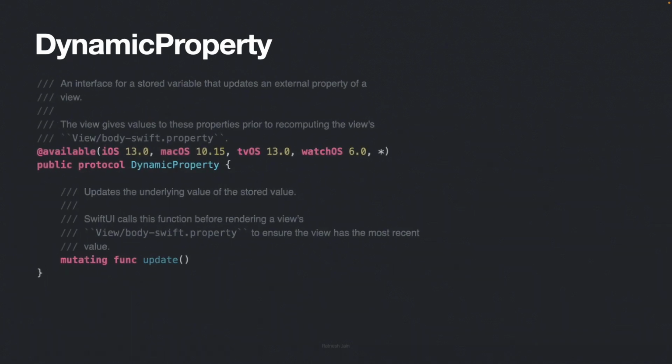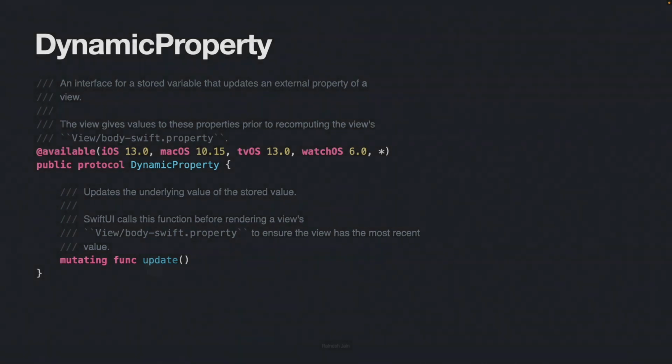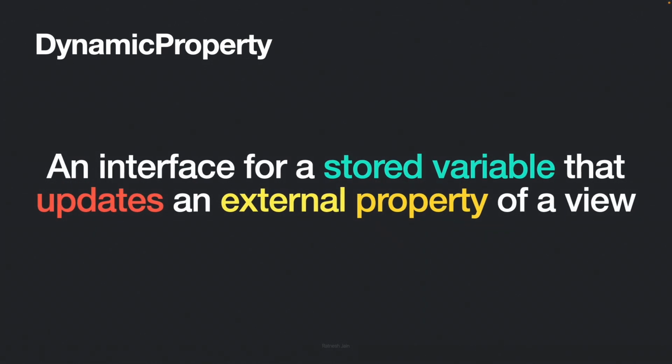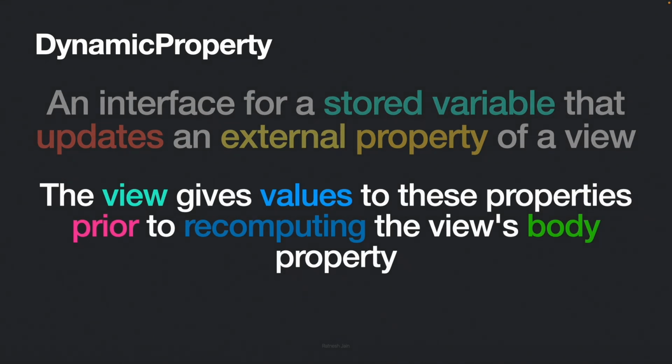If we look at the definition of DynamicProperty, we will see that it only has one function, a mutating function update. But if we look into the documentation comments, it says the interface for a stored property that updates an external property of a view. External property. Another one is that the view gives values to those properties prior to recomputing the view's body property. So whenever the view's body is recalled, it will give the updated value to the property wrapper.